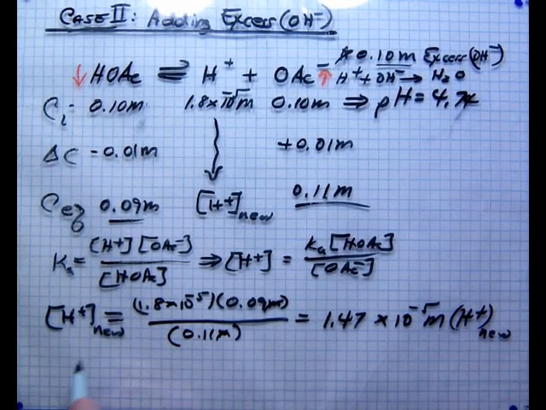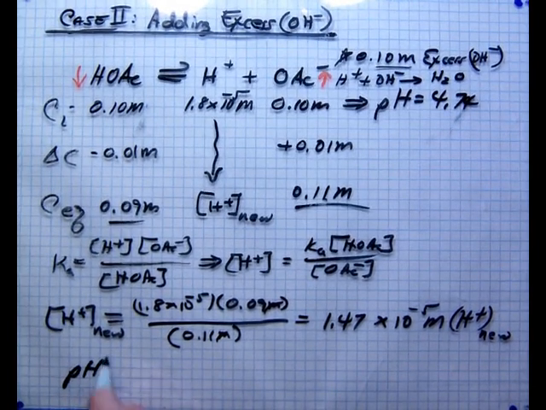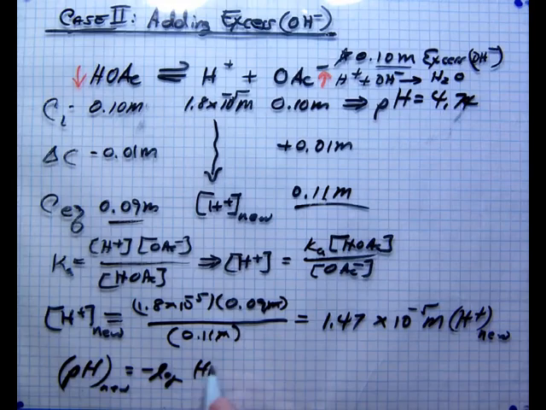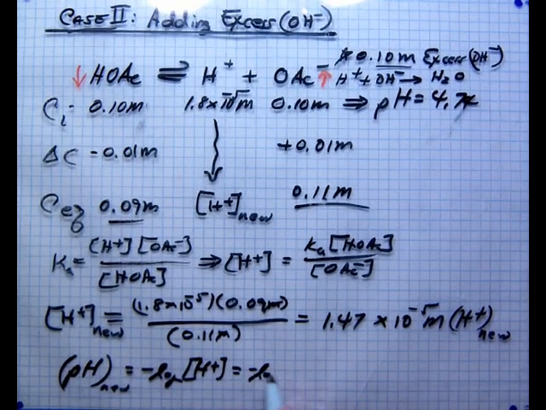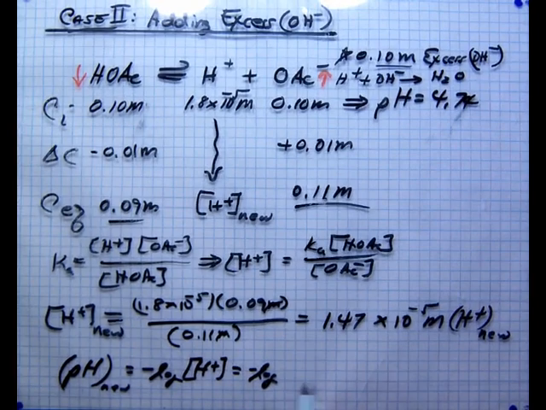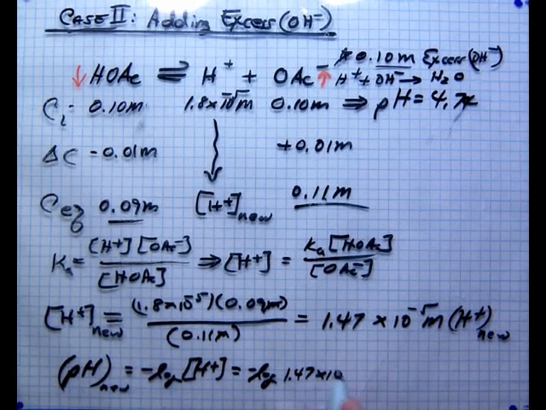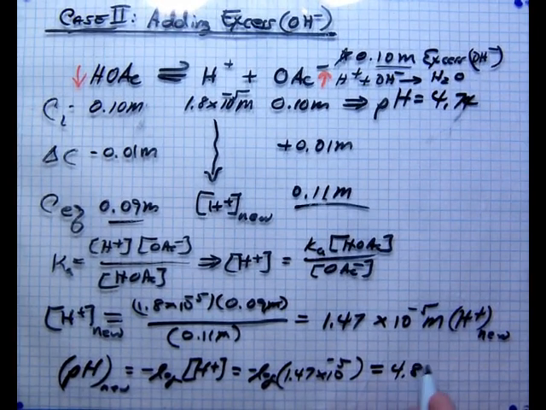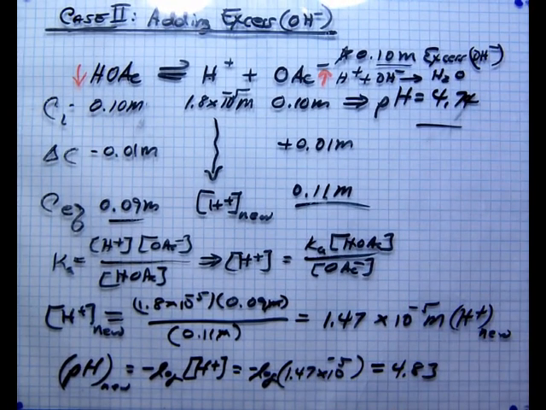in the new equilibrium. So the new pH is equal to minus log of the hydronium ion concentration, which is equal to minus log of 1.47 times 10 to the minus 5, and that's equal to 4.83. Well, we started with 4.74, and as I indicated earlier, you throw a base in, the equilibrium will shift to absorb that base, but it will also shift the pH in that particular direction.